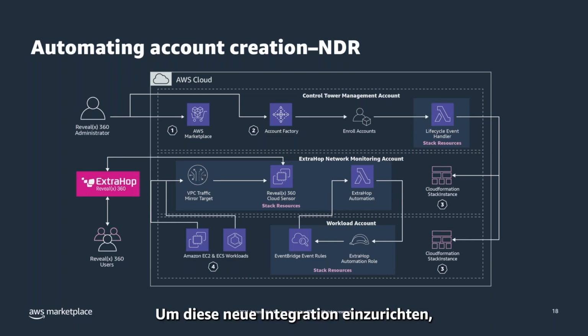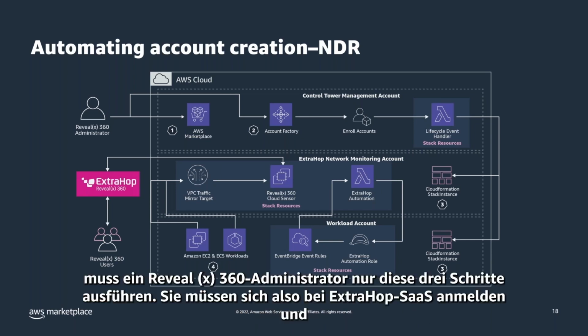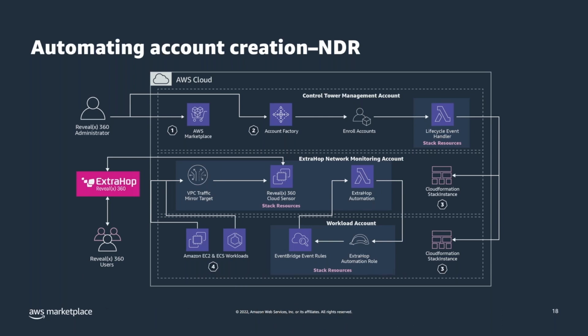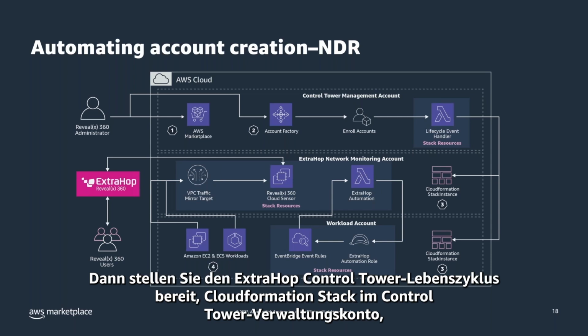So to set up this new integration, a Reveal(x) 360 administrator only needs to take these 3 steps. They have to subscribe to the ExtraHop SaaS and bring your own license listing on AWS Marketplace. Then you deploy the ExtraHop Control Tower Lifecycle CloudFormation stack in the Control Tower management account.